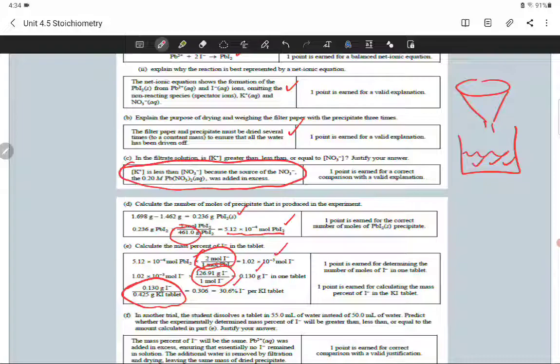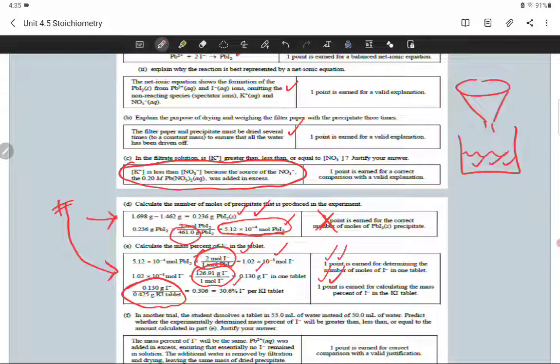Just a couple notes here. If for some reason you get this incorrect mathematically, but you use this incorrect math down in your next section correctly, you would lose this point but still have an opportunity to gain these points. So keep that in mind. If for some reason you don't know how to do D when we get to a test, if you come up with any answer and then use it correctly, again, you will lose that point, but you will gain these points.